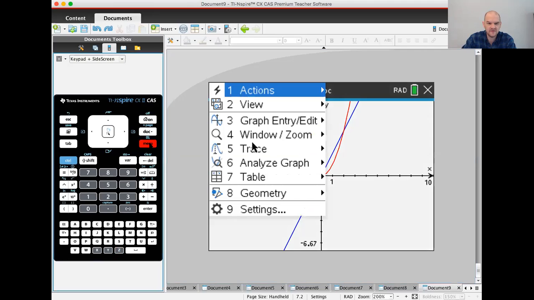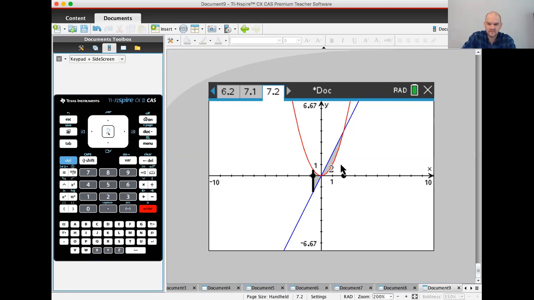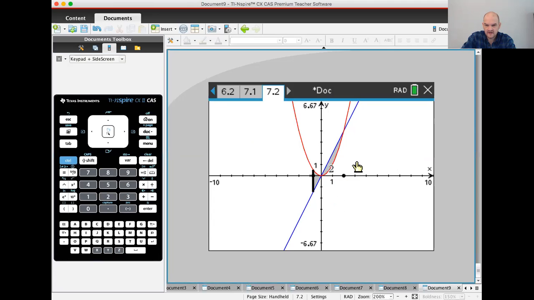And then let's do the other one. So the other one would be menu 6, 8. The lower bound is 1 minus the square root of 3. And then the upper bound is 2. And so this gives me 2. I don't even know what's happening. Whatever. Those are extraneous solutions. They don't make any sense.